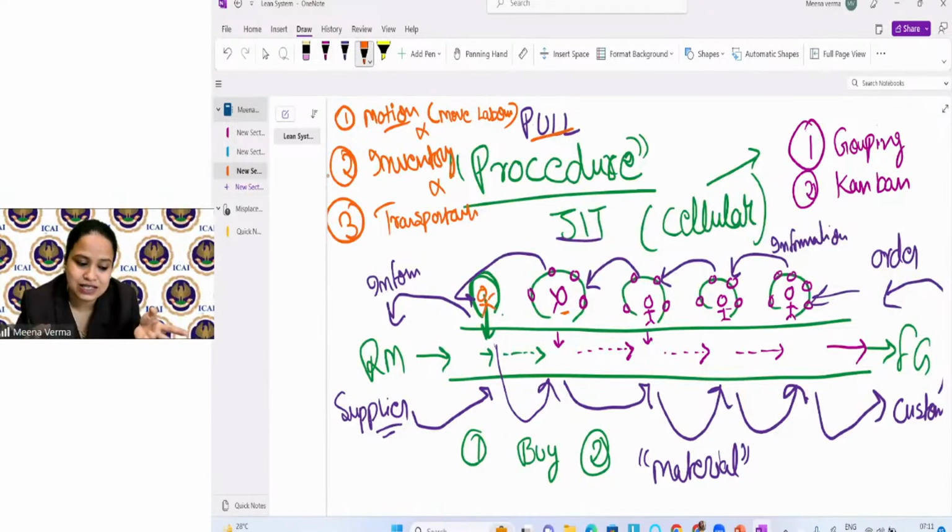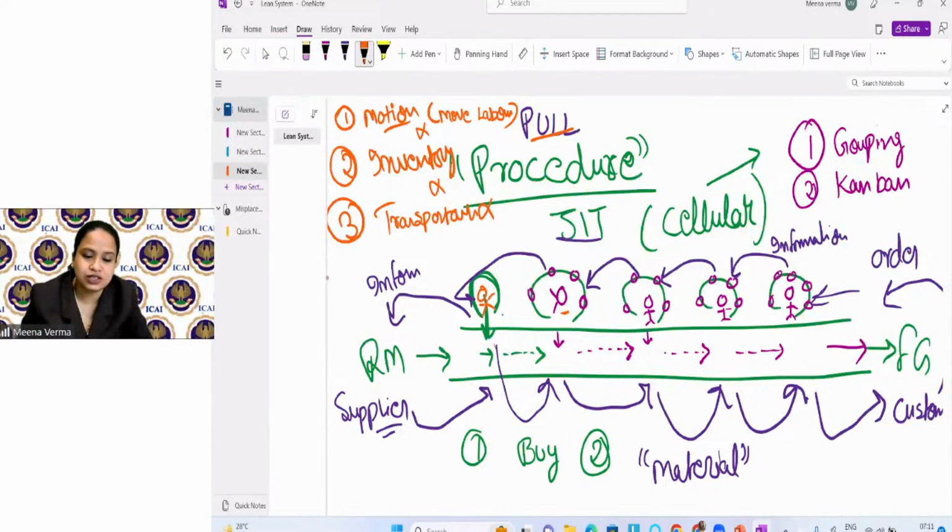So inventory is not unnecessarily moving in a warehouse. There is no warehouse actually. In fact, the raw material is dropped by the supplier straight on the production floor. How smart, right? So you are even avoiding the transportation and movement of inventory, and you manage to save these costs.